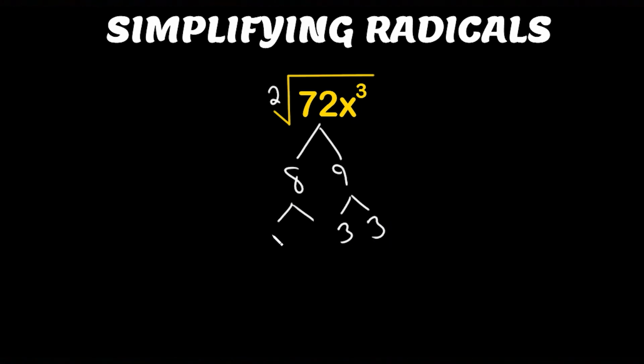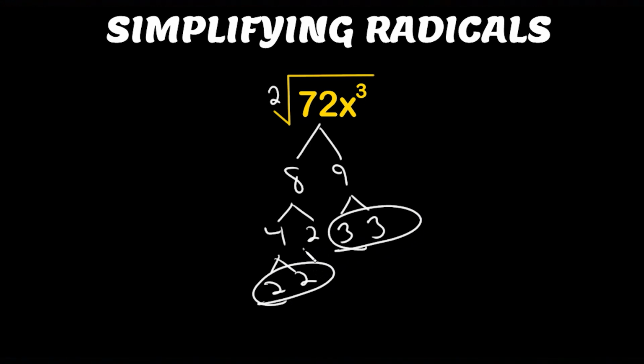Okay, that's done. Right here, I can do 4 and 2, and then I get 2 and 2. All right, so I'm going to go ahead and circle my pairs. Right here, I can pull out a 2. I can pull out a 3. And this prime factor is going to stay underneath the radical, okay? So I'm pulling out a 2 times I'm pulling out a 3. Underneath the radical, I still have 2.